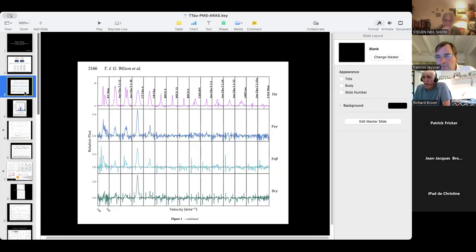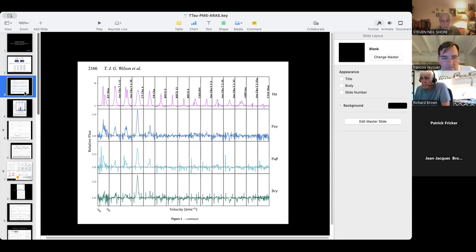So, the lines that are usually used are in the red and the infrared. The Paschen lines are beyond most of your spectrographic capabilities, but the Balmer lines certainly aren't.